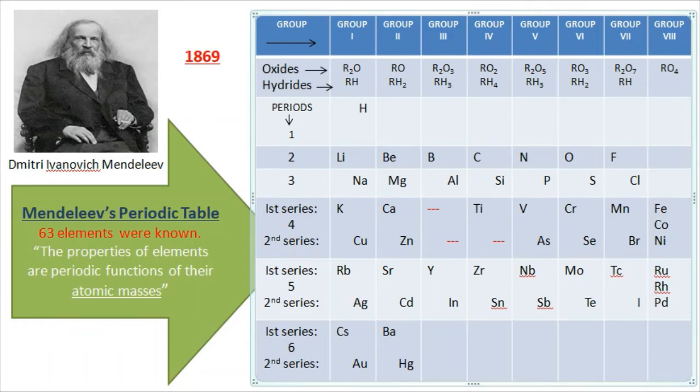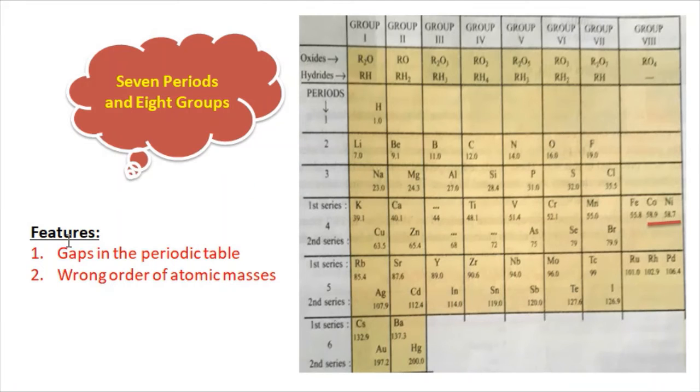Now, he arranged the elements in horizontal rows and in vertical columns, and the horizontal rows were known as periods. There were 7 periods and 8 groups in his periodic table. These are here, 7 periods and 8 groups.